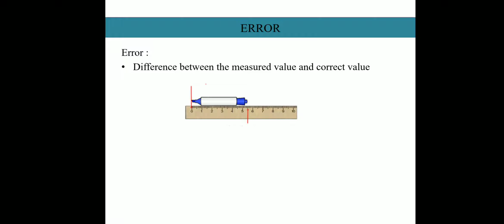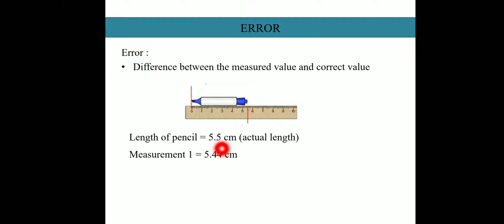Now, for example, let's say again we have to measure the length of a pencil, and the actual length of the pencil is 5.5 centimeter, which is written on the package of this pencil. When we measured it for the first time, the measurement is 5.44 centimeter. As you see, it is very close to the length of the pencil, so this is more accurate.